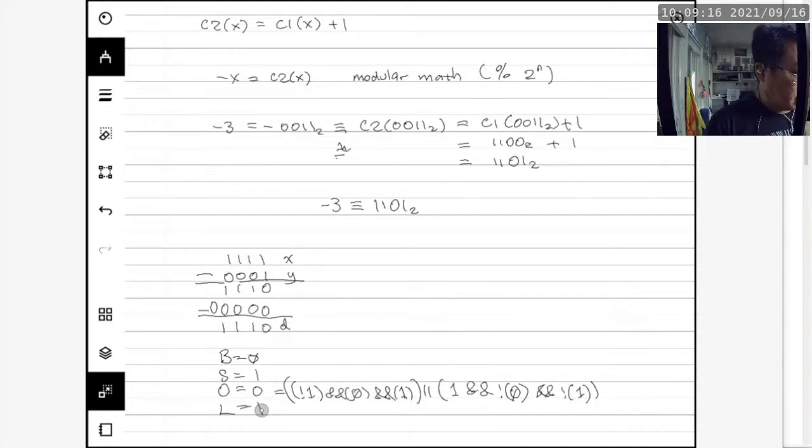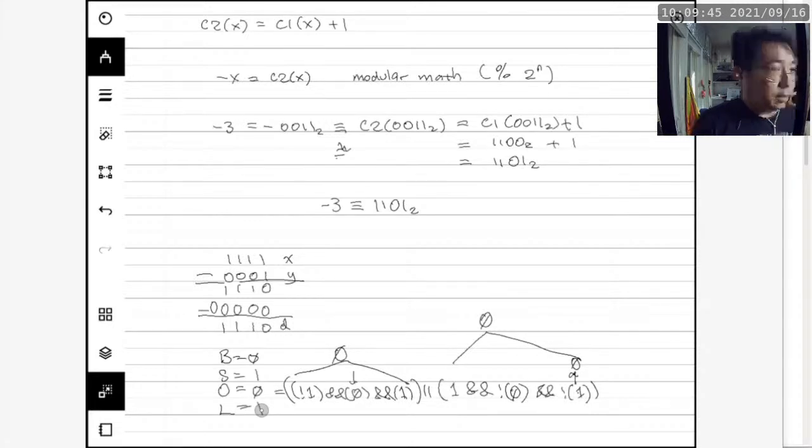So we have 1, 0, 1, which does not fit the pattern of 1, 0, 0, nor does it fit the pattern of 0, 1, 1. But if you work out the math here, we have 1, 0 in this conjunction, so that turns this entire conjunction to be a 0. And on the other side, we have this as a 0 here. This is a 0. So that basically turns this entire side to a 0. 0 or 0 is a 0. So does that work out?